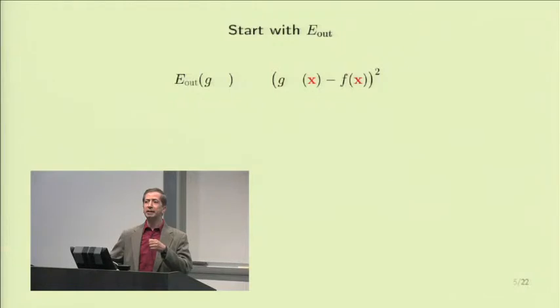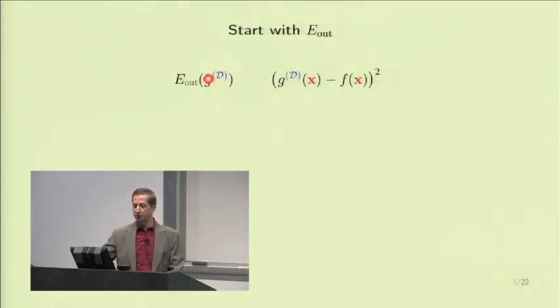Therefore, I'm going to make it explicit in the notation. It has always been there, but I didn't need to carry ugly notation throughout when I'm not using it. Here I'm using it, so we'll have to live with it. So now, I'll make that dependency explicit. So I'm having now a superscript, which tells me that this g comes from that particular data set. If you give me another data set, this will be a different g.